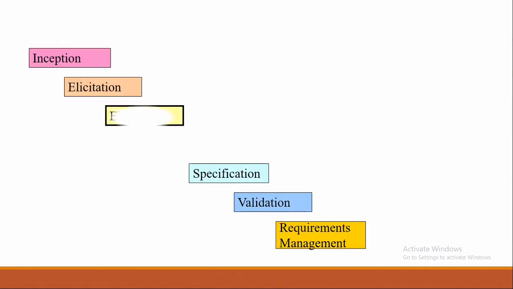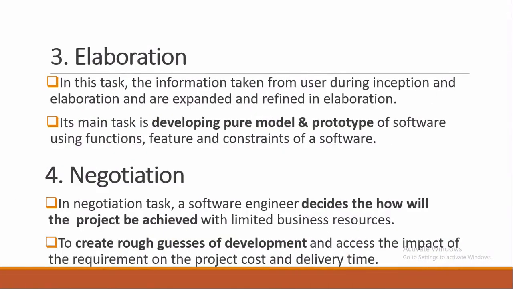Yes, so third we are going to see what exactly elaboration and negotiation mean. So first of all, we'll see what is elaboration. Elaboration is the stage where the gathered requirements are defined and expanded.